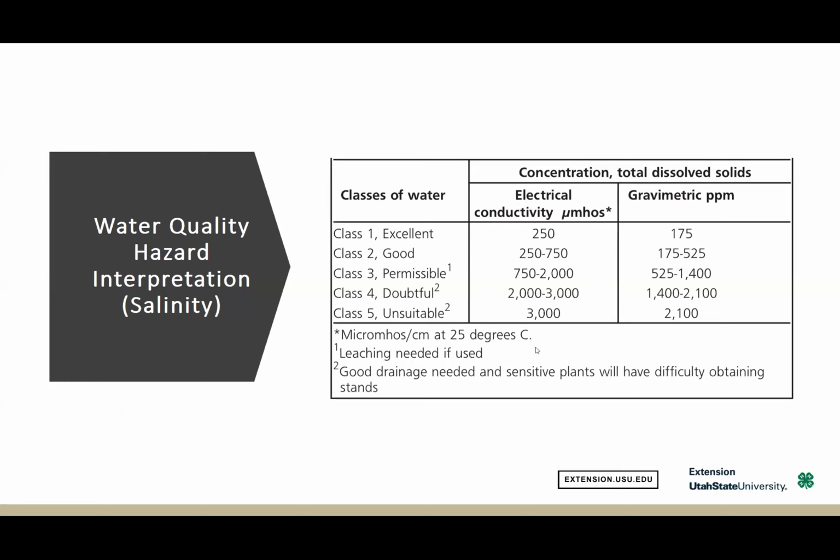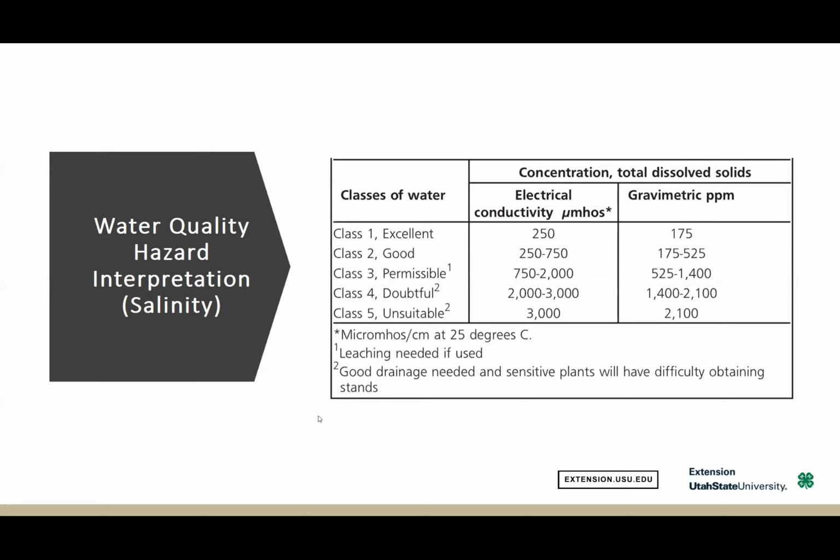But it shows you that you have excellent suitability when you're at 250 or less micromhos. Or for TDS, in this column, this would be the TDS column, around 175 parts per million total dissolved solids. So you can see how you can read this table in order to get a rough interpretation of the salinity hazard associated with a given water test level for salinity.